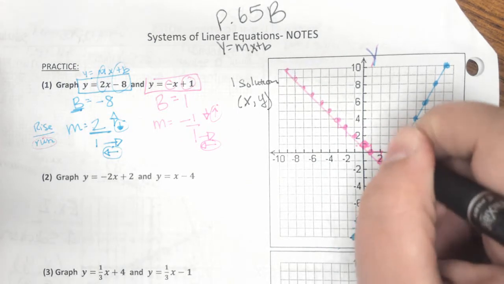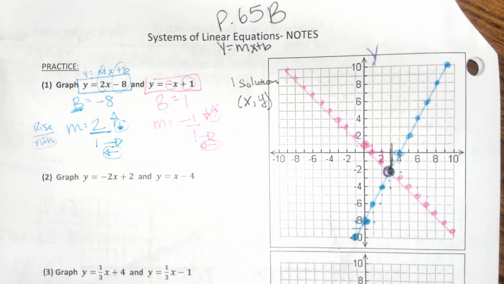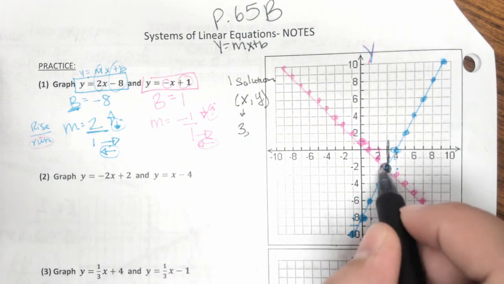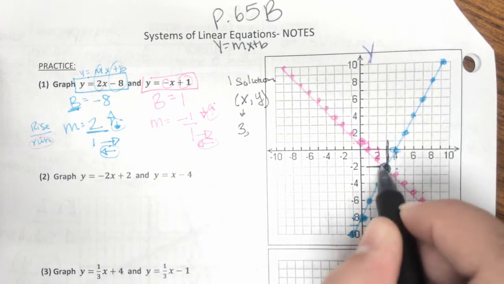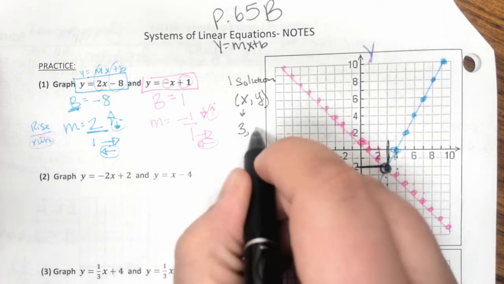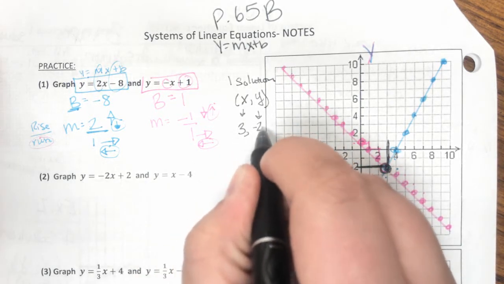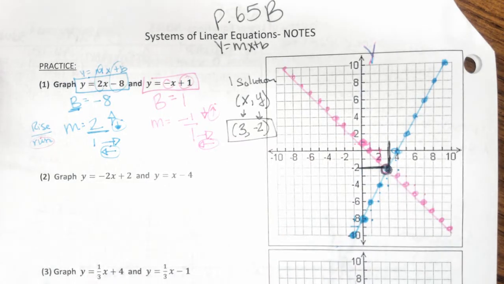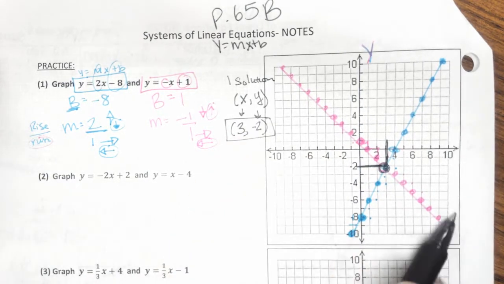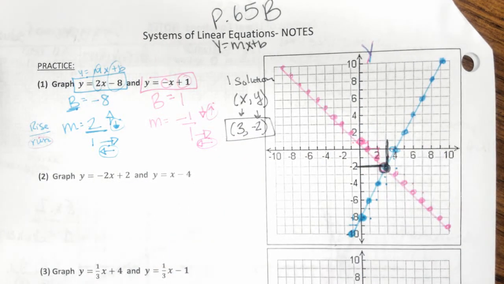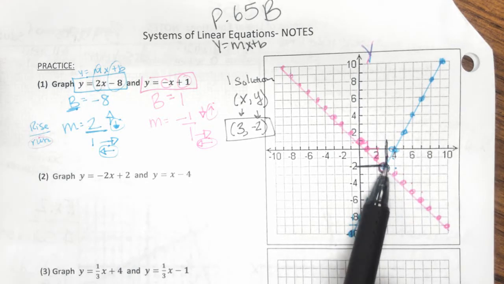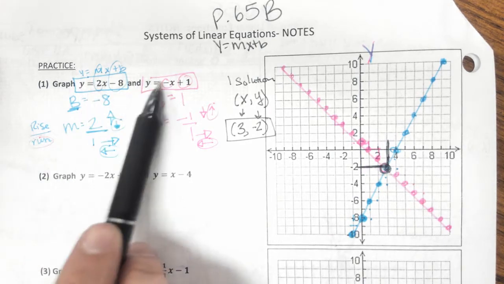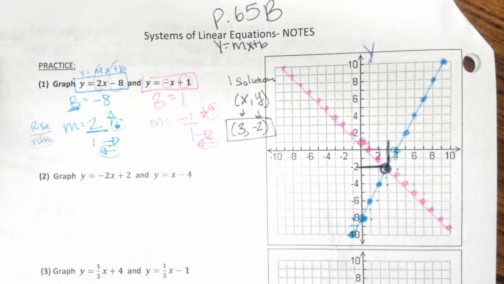The x value is 3, and the y value is -2. So after you have both lines graphed, this is exactly what we did on the front of this page, just finding the ordered pair of the intersection. The trick is you just have to graph both of those lines first.